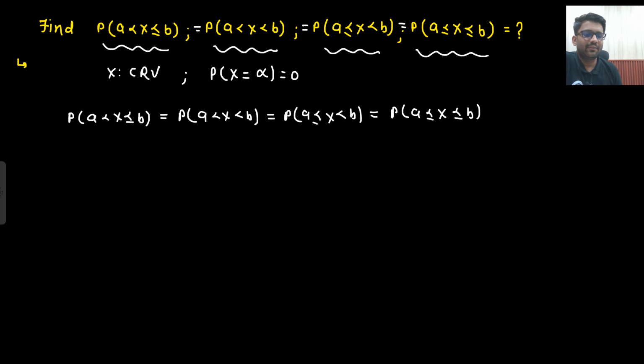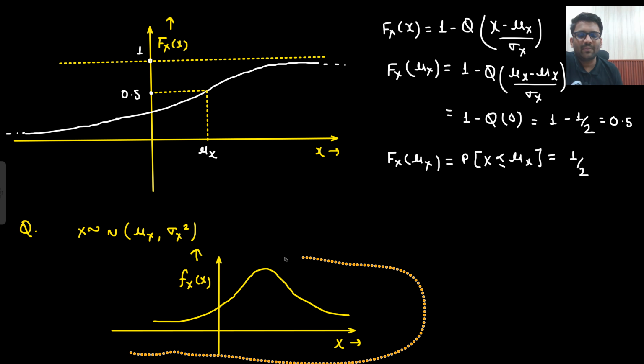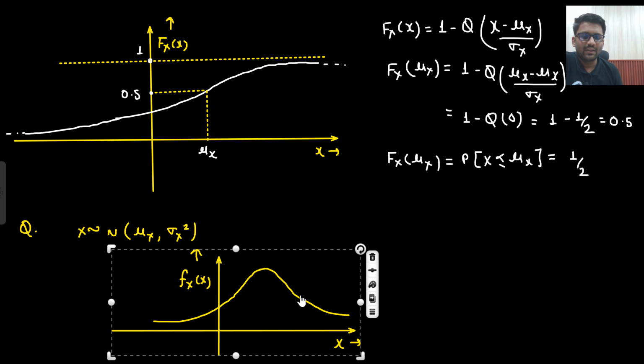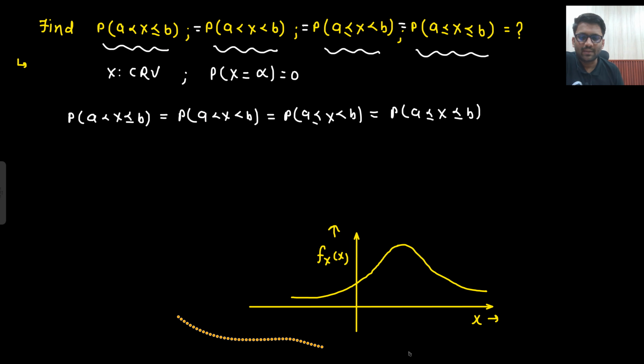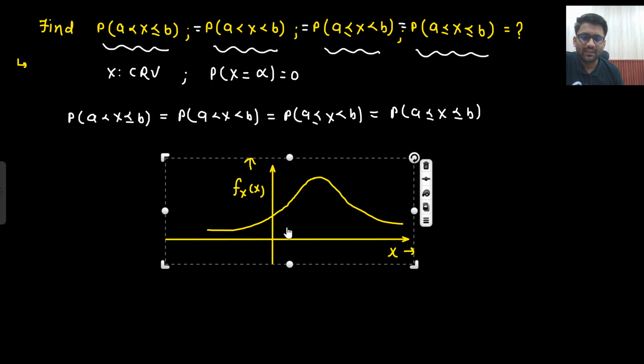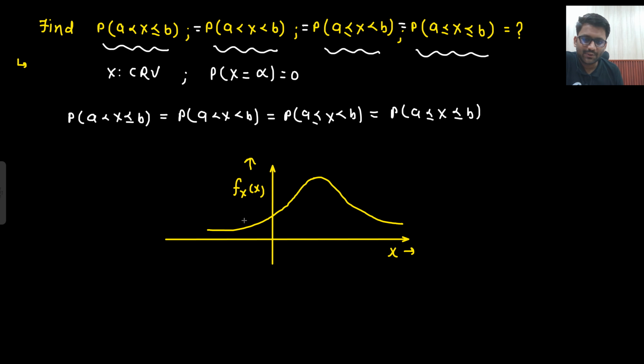Now let's find this probability with respect to the diagram. When it comes to normal distribution, I mostly prefer making the diagram. They are saying greater than A but less than B. Let's say this is your A and this is your B. That means this probability they are talking about. Can I write it in this manner?